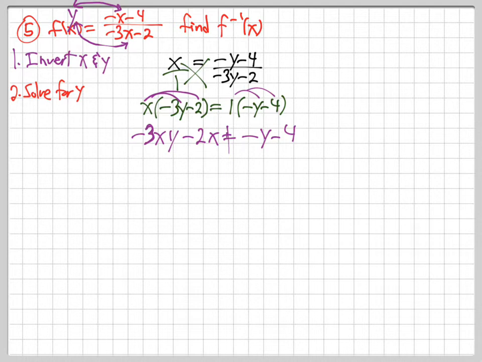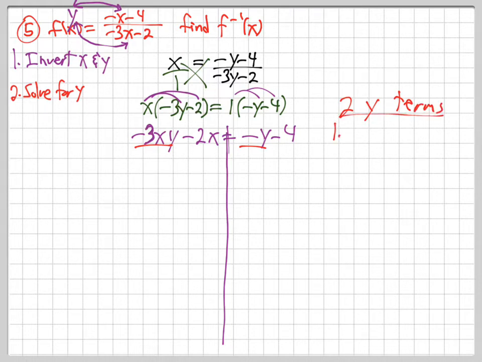There we go. And now we're trying to solve for y, but notice this term and that term both have a y. Okay, so 2 y terms. So what do you do when you have 2 y terms? Number 1, get the y's on the same side. So I'm going to jump this guy over here and then this guy over there.